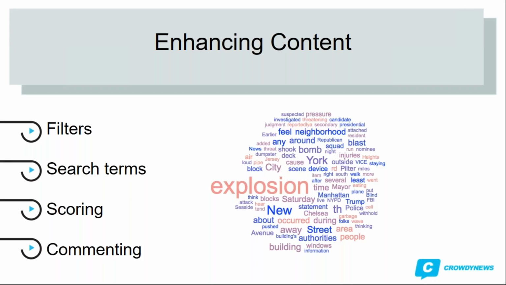Then you can enhance your content. You can use several practices to enhance it. The first one is using filters. You can whitelist, blacklist, but also, in social media networks such as YouTube, you can select the dates of the content, so you don't have all content but just recent content. You can search terms as well.